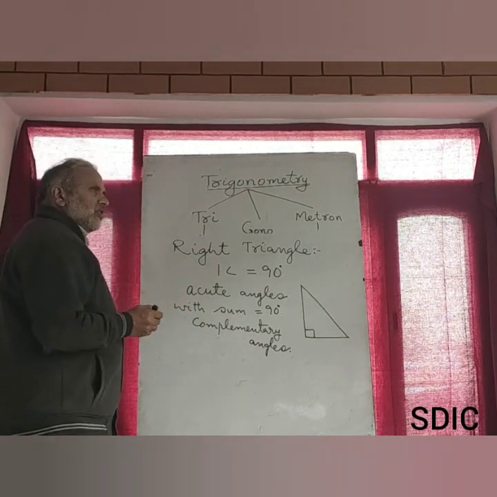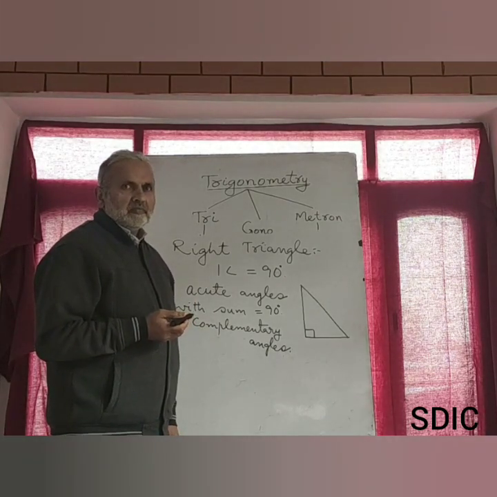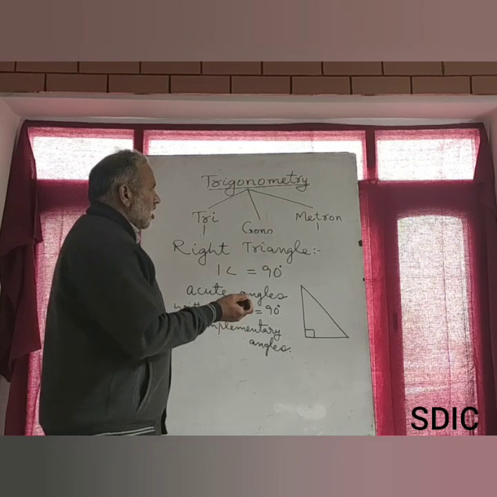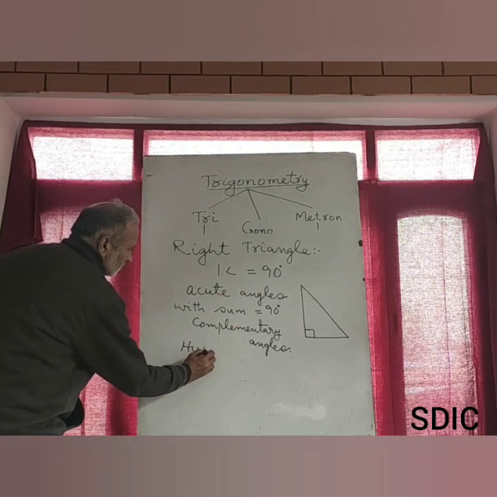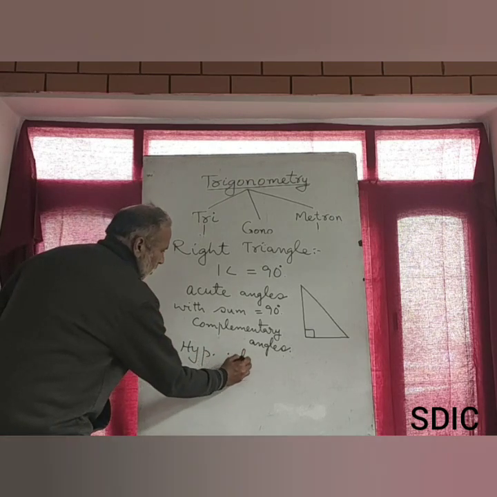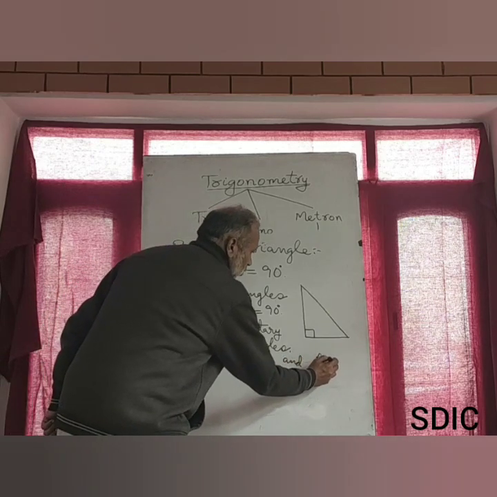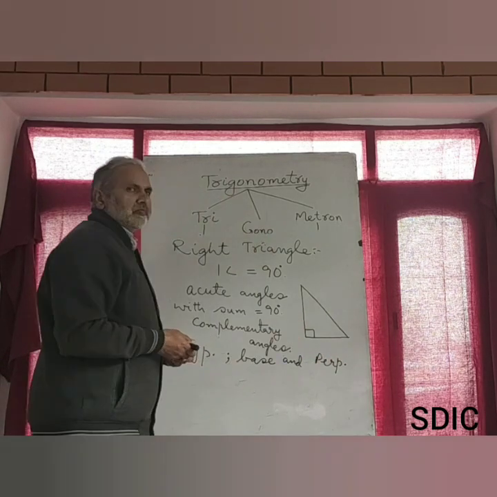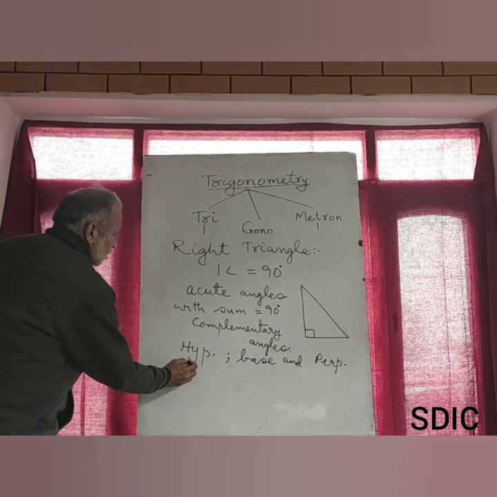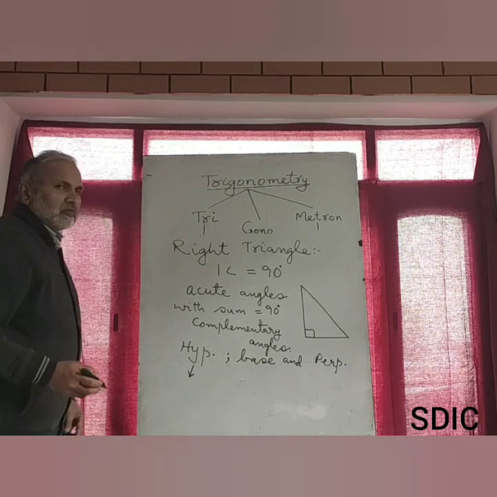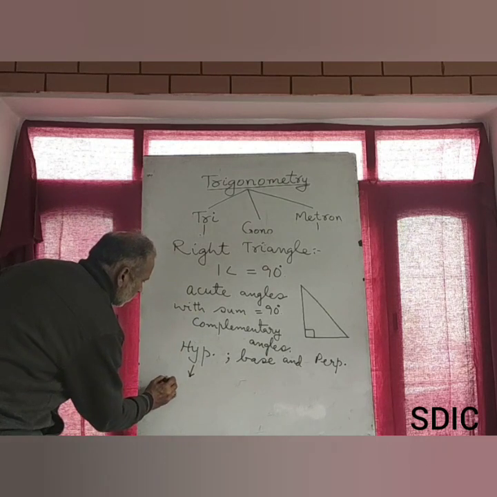The three sides of a right triangle have got their special names. The names of the sides are hypotenuse, base, and perpendicular. Out of these, the first one, hypotenuse, is the side opposite to right angle.